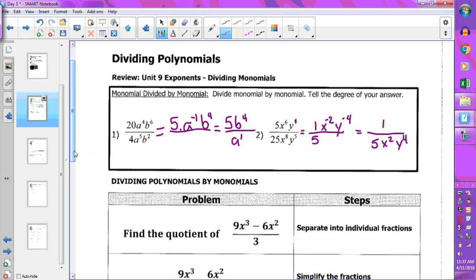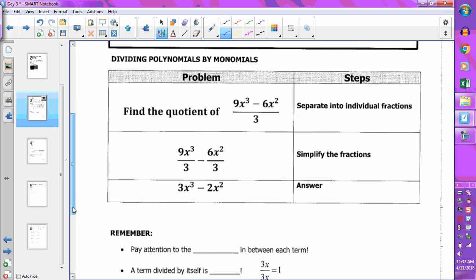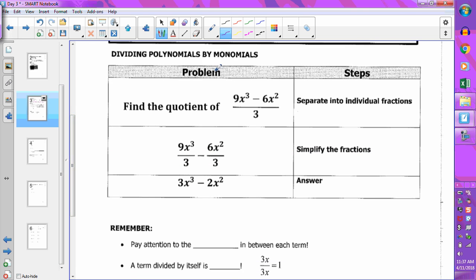So moving along here, it says dividing polynomials by monomials. We're going to find the quotient of 9x to the 3rd degree minus 6x to the 2nd degree over 3. What we do when we're dividing polynomials by monomials is separate them into individual fractions.